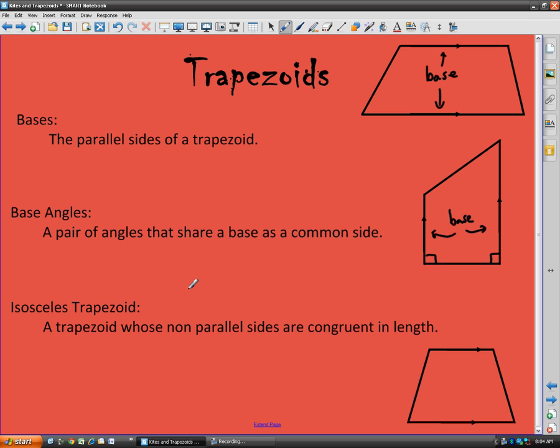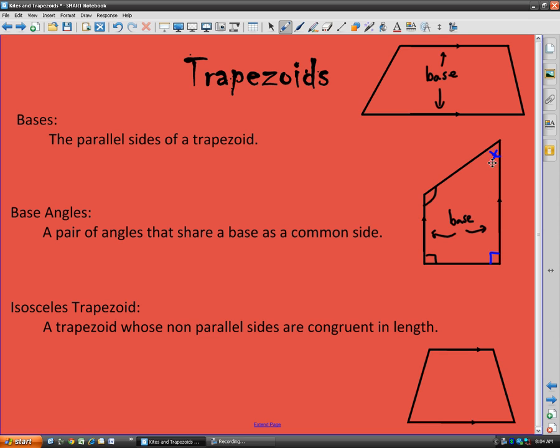And so a pair of angles that share a common base are considered base angles. If I erase this right angle down here, these two top angles are considered base angles. They don't have to be congruent to each other. In the same color, I will mark these two, this angle being a right angle, and this angle over here, those are considered base angles.